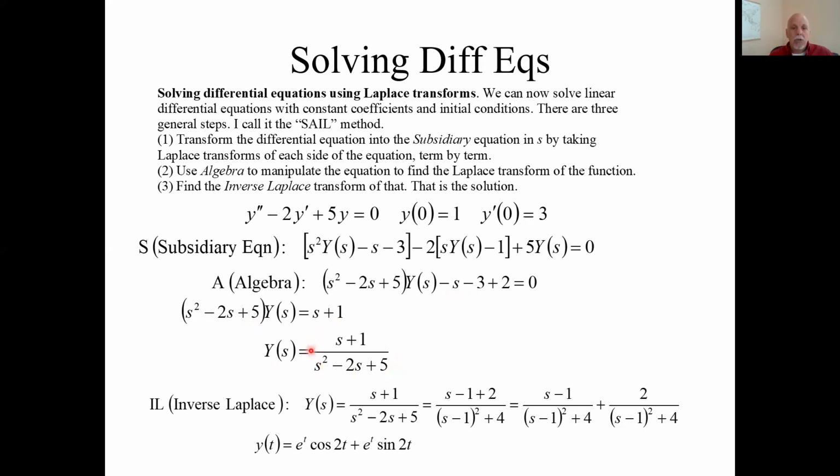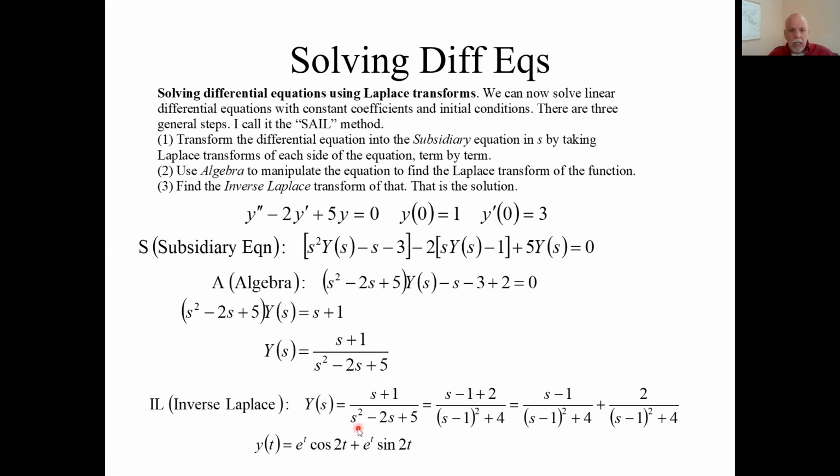So all we need to do now is take the inverse Laplace transform of this. I'm going to say it's a good idea to get Y all alone on the left and a ratio of polynomials on the right. And in this case, this denominator has complex conjugate roots. So we'll use the complete the square method for the inverse Laplace.